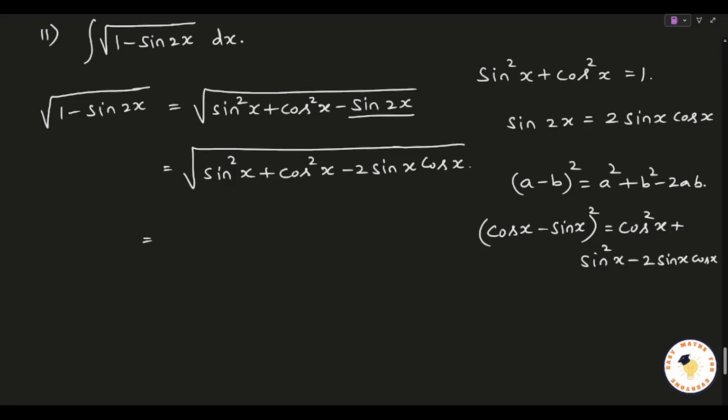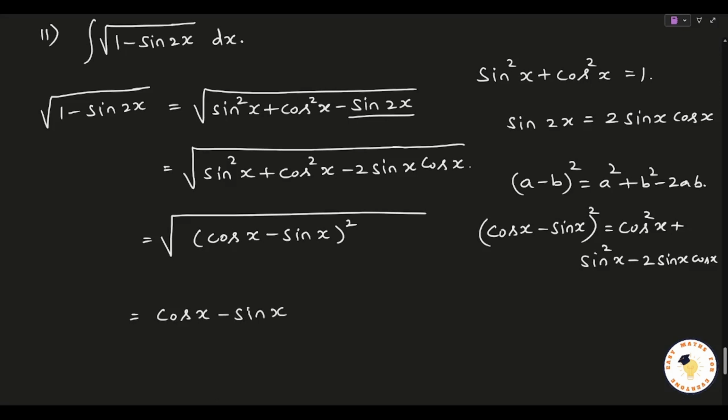So we can write this value inside the root as cos x minus sin x whole square, and this square root and this square will cancel each other's effect, and we will have cos x minus sin x as the answer. So root of 1 minus sin 2x equal to cos x minus sin x.